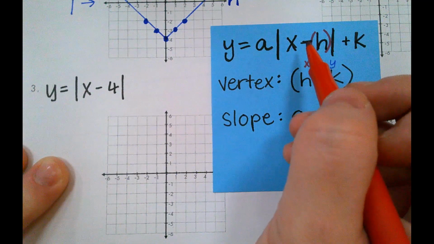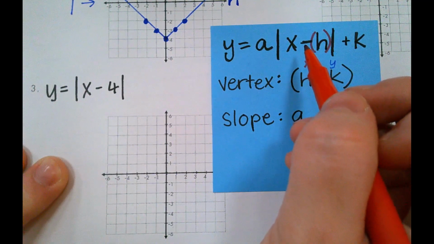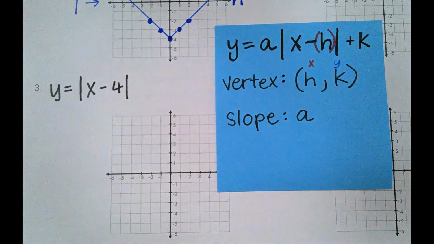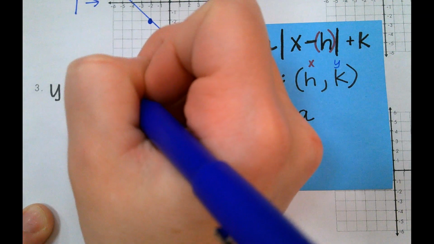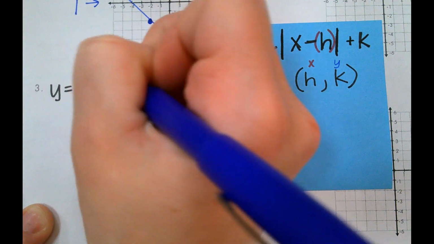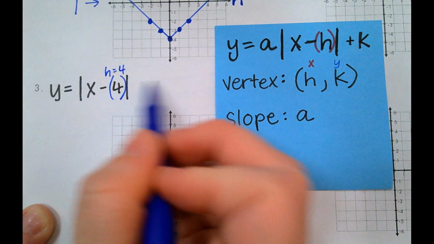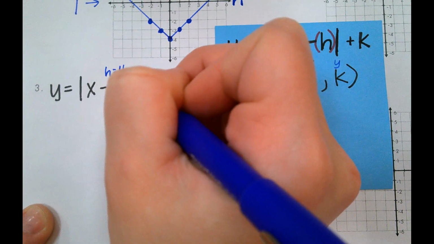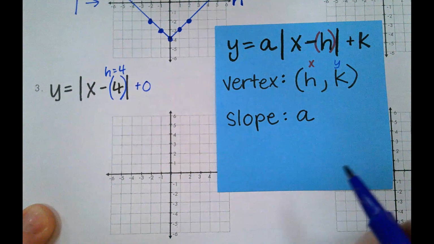But because the minus is part of the formula, we're just looking at the number, okay? So for number 3, what is my H and my K? 4, 0. 4 is H. And there's nothing being added at the end, so K is 0. Because it's like saying there's +0 at the end.